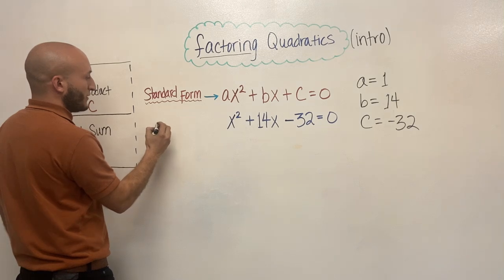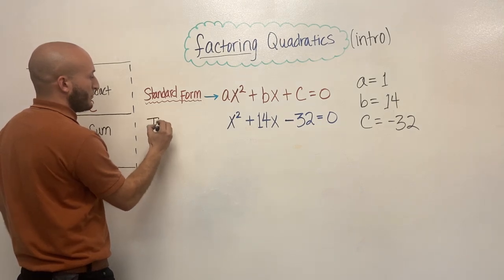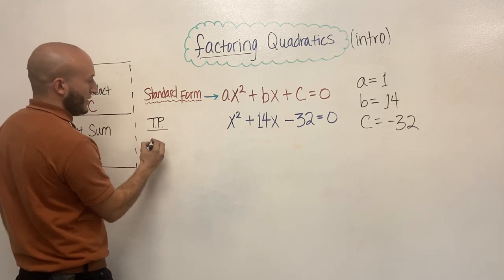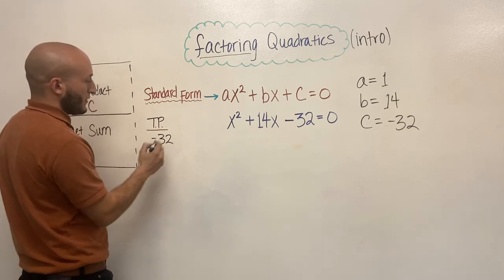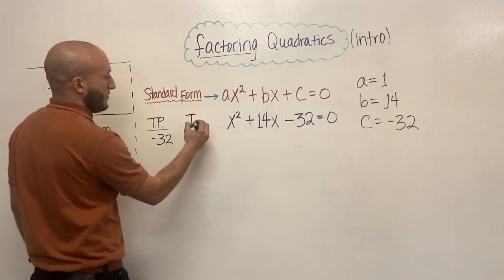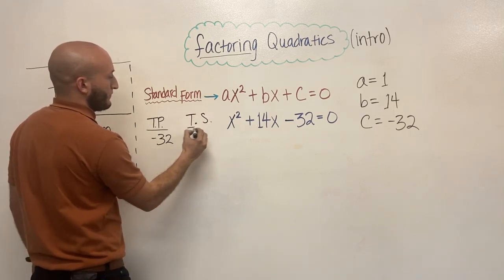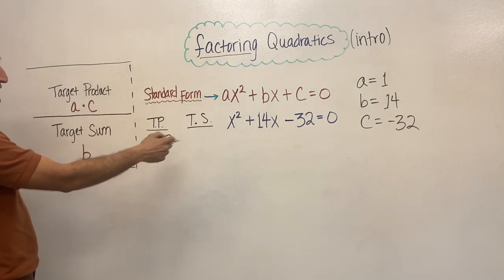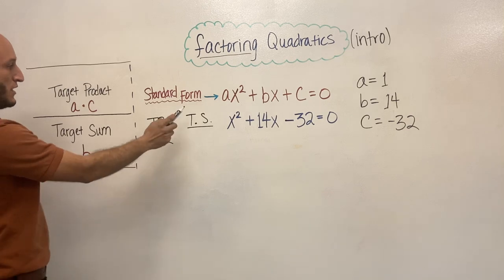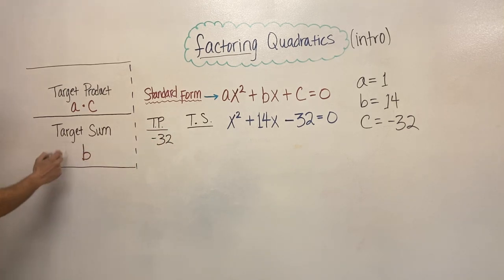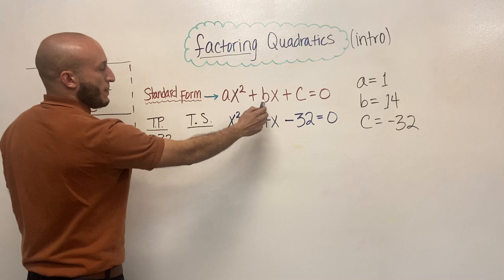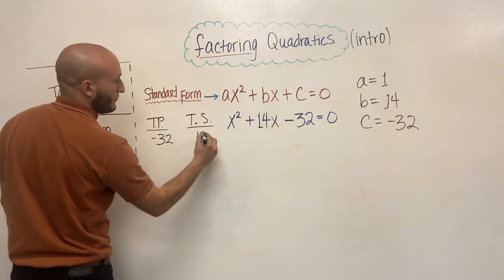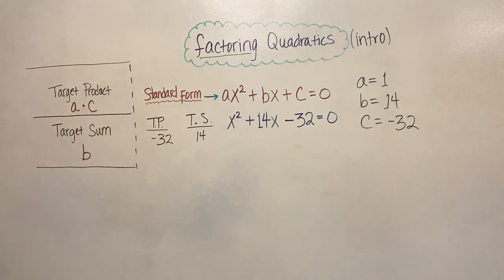My target product, TP, is negative 32. My target sum would just be b, which in this case is 14. So I'm going to write a 14 there.